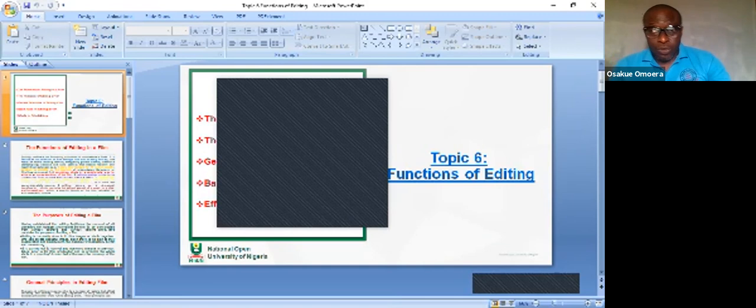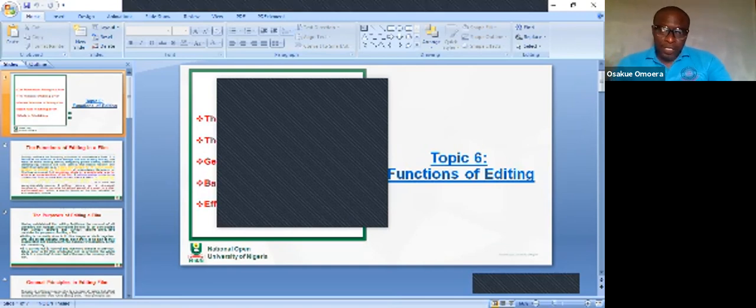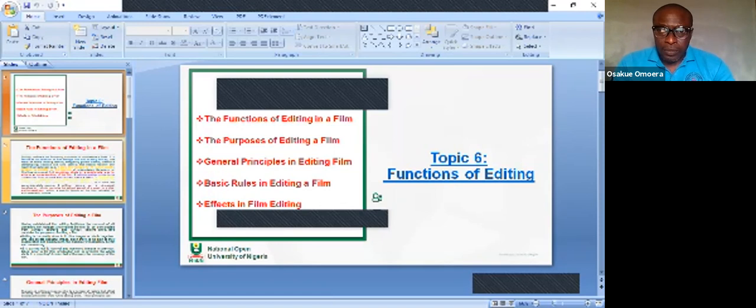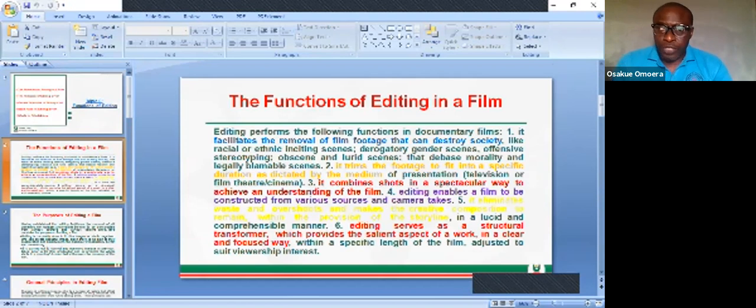We'll also look at basic rules in editing film, and of course, effects of editing a film. So let's start with the functions of editing a film. Can you see the screen I'm sharing, please?